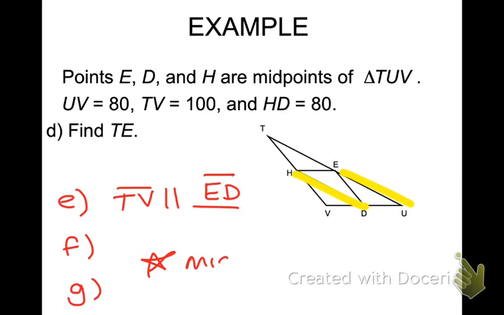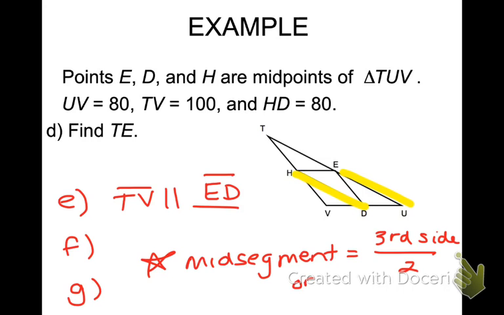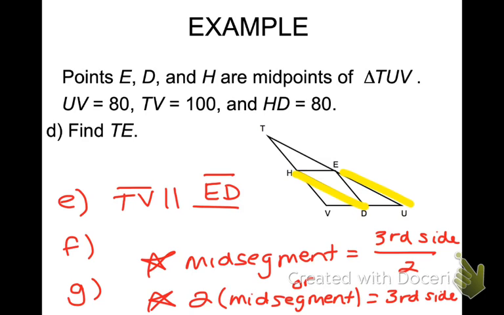So your midsegment is equal to your third side cut in half, or you can think about it as 2 times your midsegment would be equal to your third side, right? Because you can double your midsegment to get to that third side. Both would work. All right, that concludes your notes.